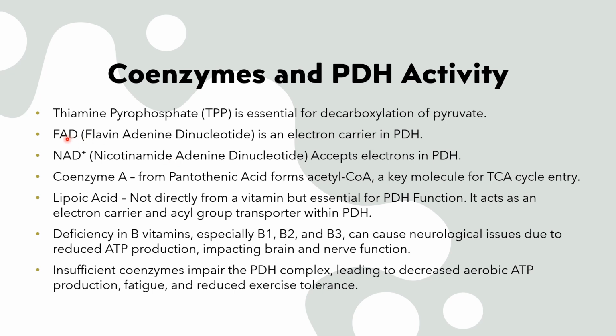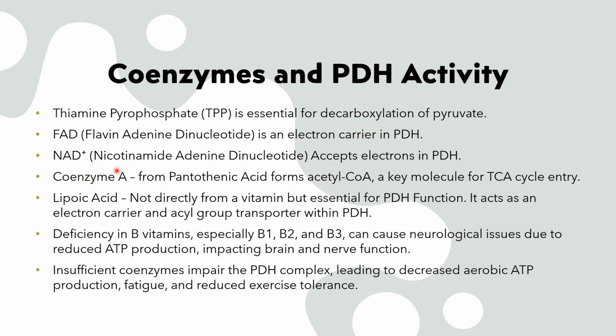The other coenzyme we have seen is FAD, which is derived from riboflavin and serves as an electron carrier in the pyruvate dehydrogenase reaction. We have also seen NAD, which also serves as an electron acceptor in the pyruvate dehydrogenase reaction, and it accepts the electrons from FAD, which are coming from lipoic acid.